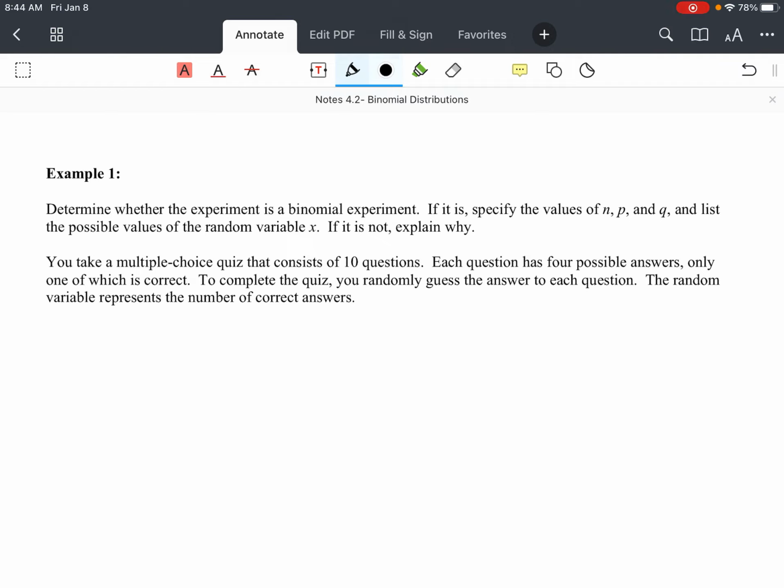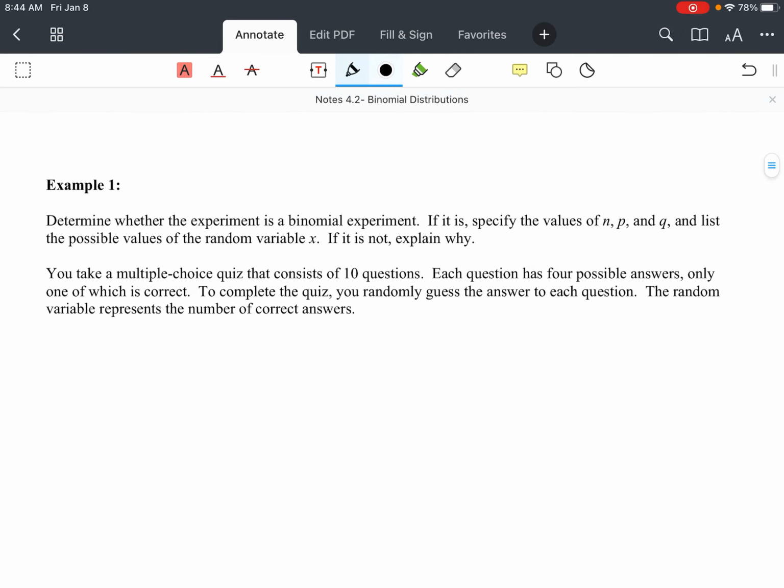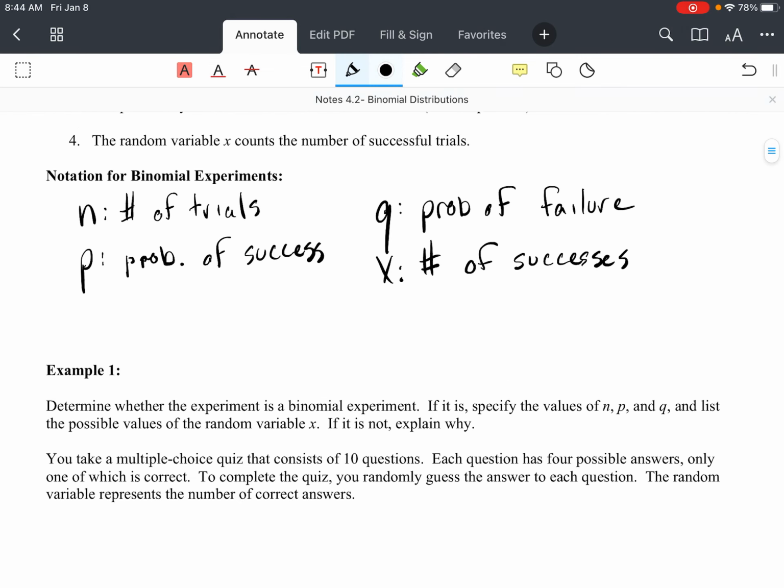It says you take a multiple choice quiz that consists of 10 questions. Each question has 4 possible answers, only one of which is correct. To complete the quiz, you randomly guess the answer to each question, not a good test taking strategy. The random variable x represents the number of correct answers.